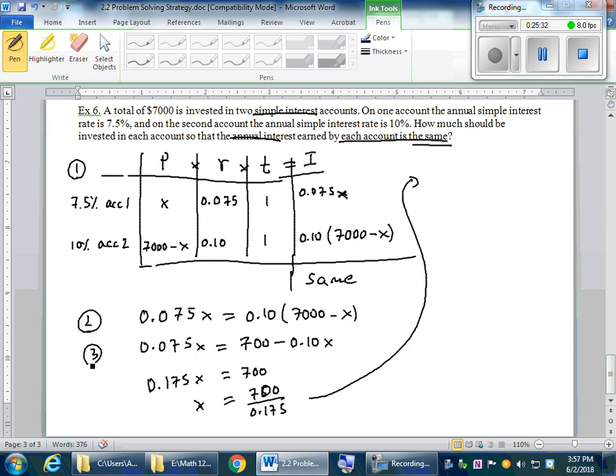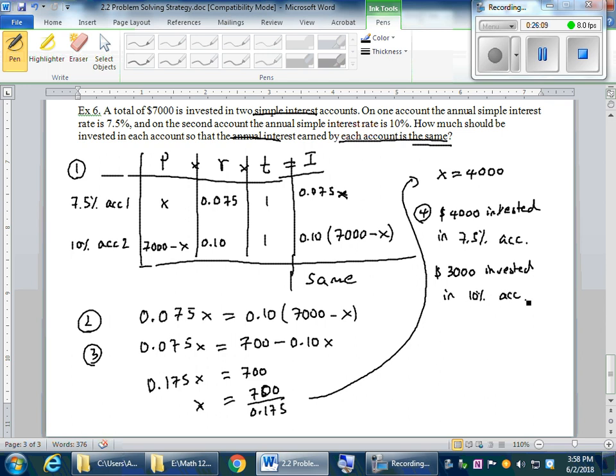When you use a calculator and divide, that will give me x equal to 4,000. Now we can interpret it, which is x representing the 7.5% interest account. So 4,000 invested in the 7.5% account, and then 7,000 minus 4,000 will be 3,000 invested in the 10% account. So this will be the end of 2.2.